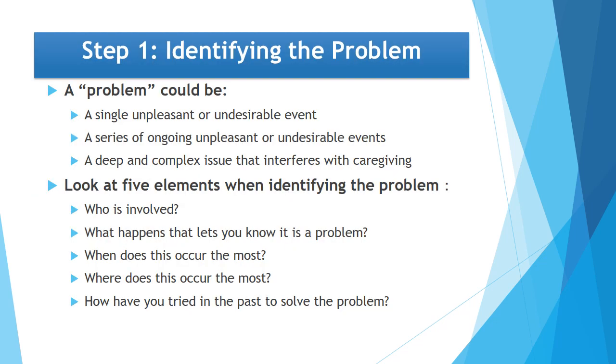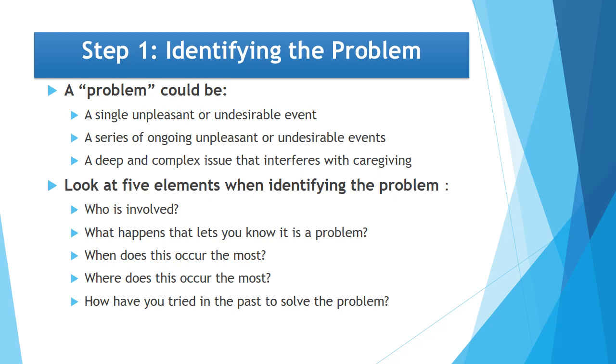1. Identifying the problem. We have already discussed this in the components of social casework. A problem can be anything. It can be interpersonal or intrapersonal, based on a relationship or based on economic factors, and it depends on the individual.